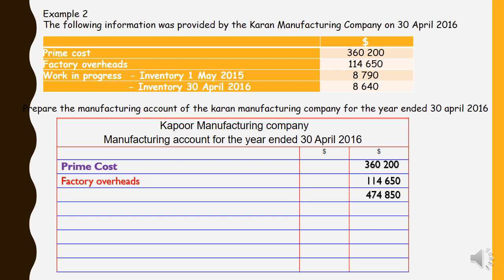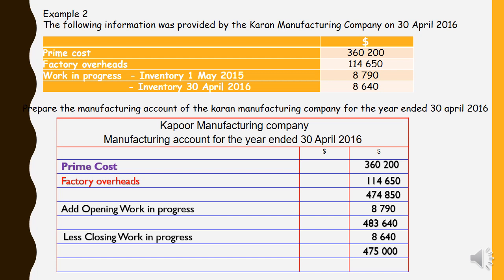But in this question we have WIP, so we need to add work in progress opening, which is 8,790. We add together, get the answer, and this answer needs to minus closing work in progress. The closing work in progress is 8,640. When you minus this, we'll get 475,000. This is your cost of production. This is example 2.